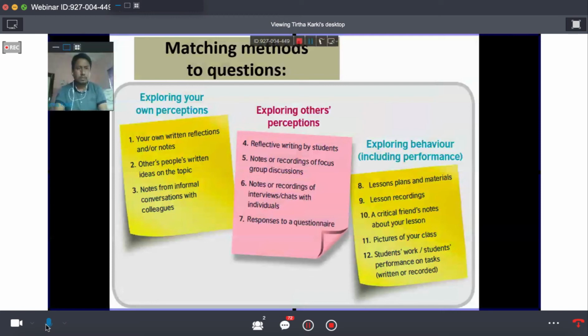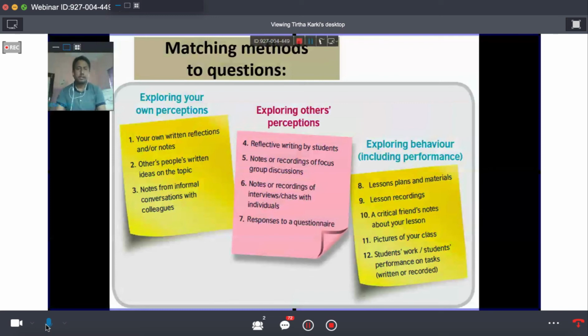So pictures, sometimes if you want to focus on classroom arrangement, classroom management, in that sense, when you capture a picture of your classroom and then analyze the picture, you can have some information about the classroom situation. Sometimes the placement of the students, capturing a photo, can be valuable information for the teachers.